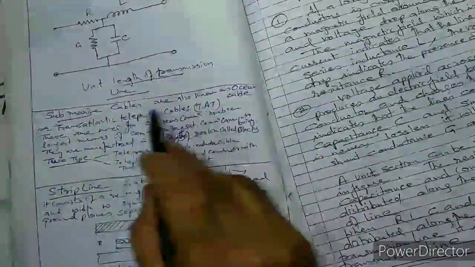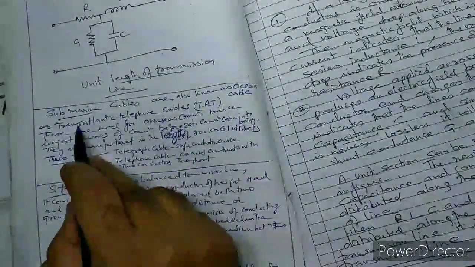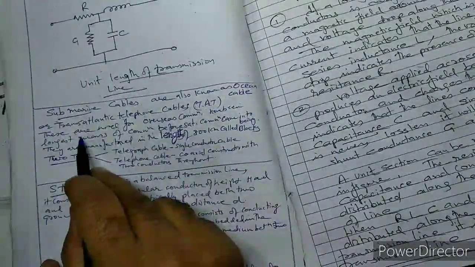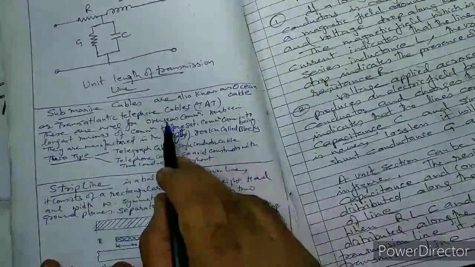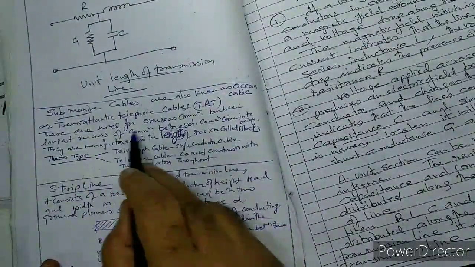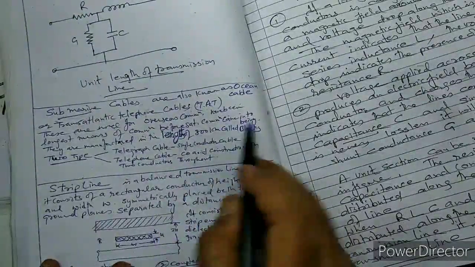So next is submarine cables. They are also known as ocean cables or transatlantic telephone cables or TAT. These are used for overseas communication. They have been the largest means of communication before satellite communication came into being.